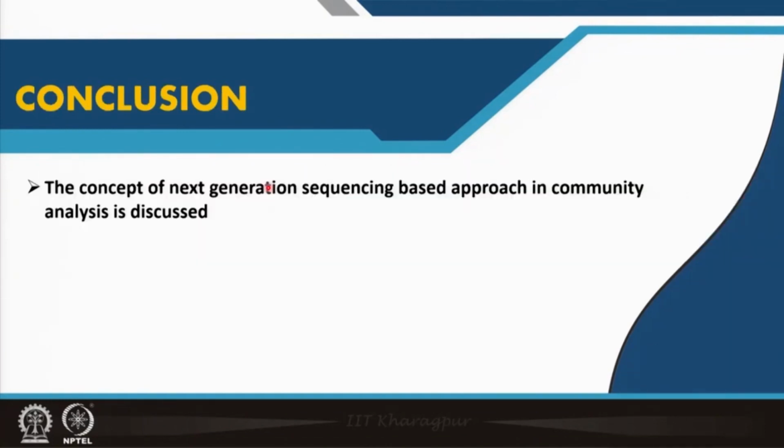And in conclusion, I will say that the concept of the next generation sequencing based approach in community analysis is discussed. Particularly, we have tried to emphasize the need for next generation sequencing.